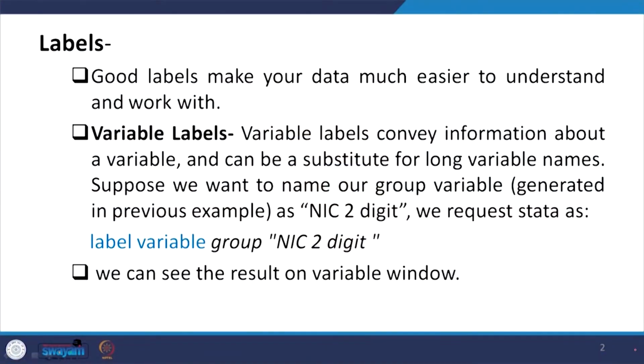Our data has a variable called NIC 5 digit label, the NIC classification 5 digit information. We converted and filtered it by our approach to NIC 2 digit classification. If you generate a new variable with 2 digits, let us name it correctly as NIC 2 digit.